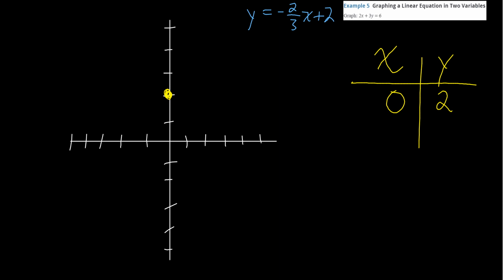Again, I've been doing this many years. I still hate fractions, and you will probably not like fractions either. But we plug in a 3 for x. We get back a 0 for y. So let's plot that. So we go over to 3, and we just plot that. And that's it. Again, that's all we need.